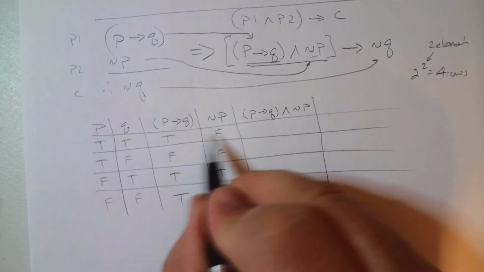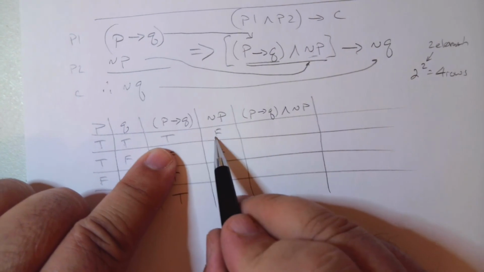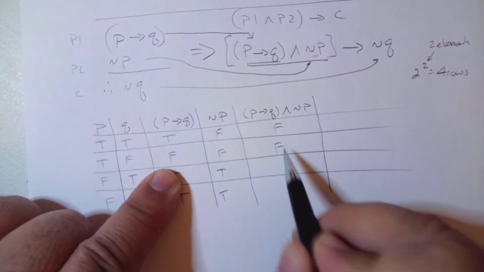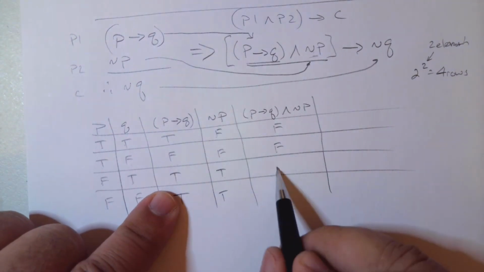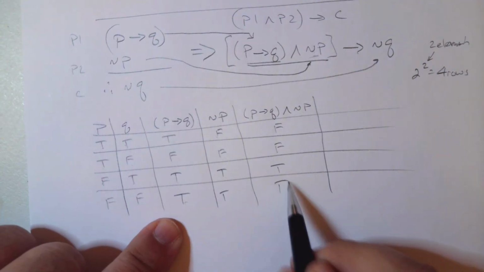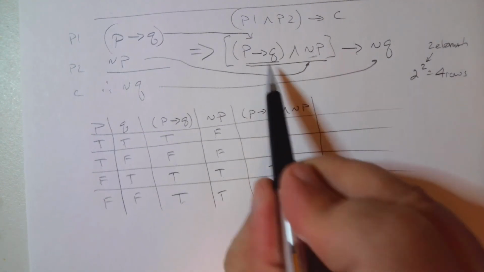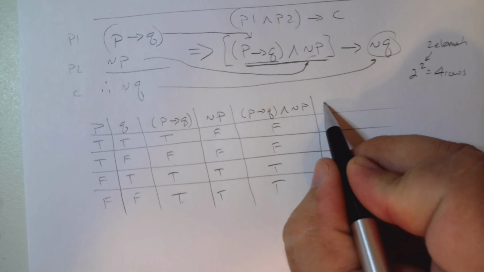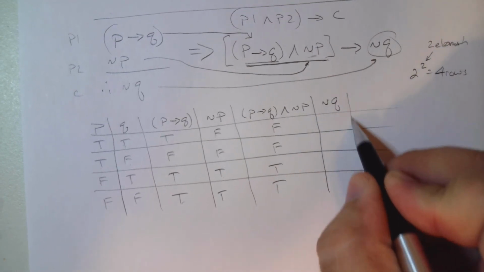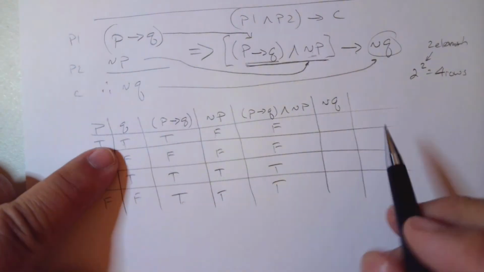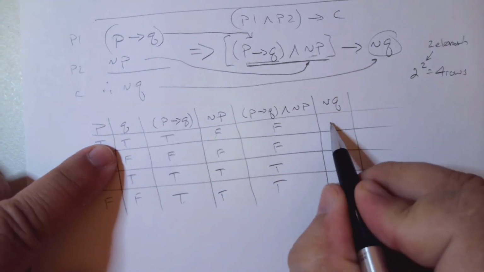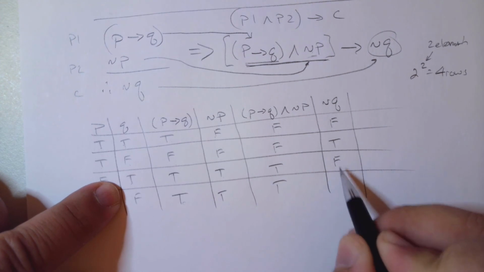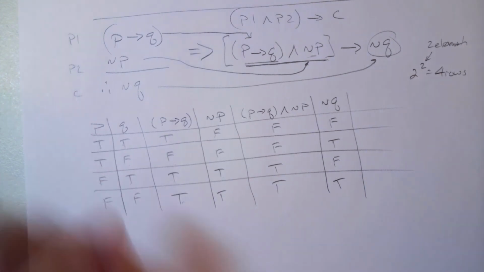So we'll look at these 2 columns. Open, closed, it doesn't work. Closed, closed, water won't come out. Open, open, water will come out. Open, open, water will come out. So that's this whole thing here. Now we have to figure out not Q. So that goes back over here to the Q column, and we just change the symbols from false to true, true to false.